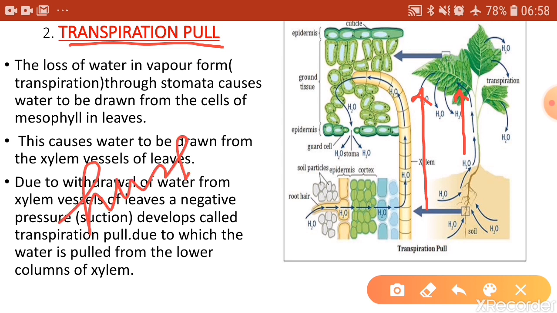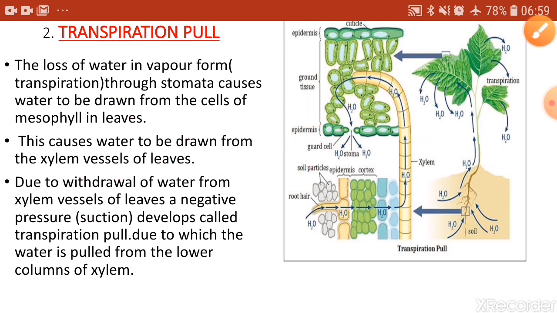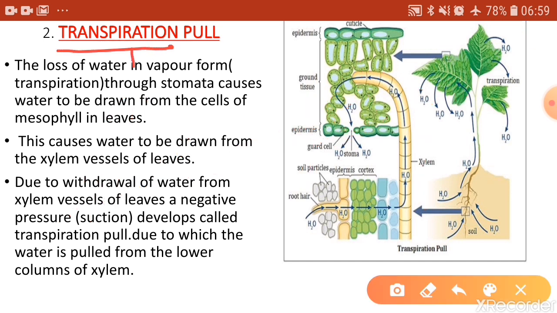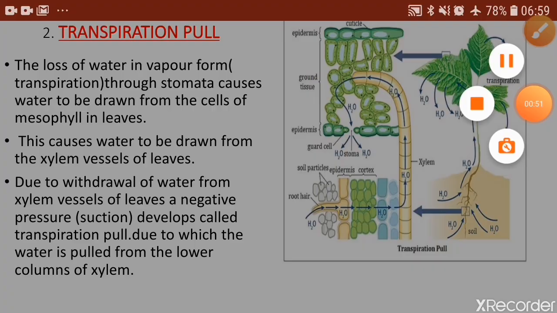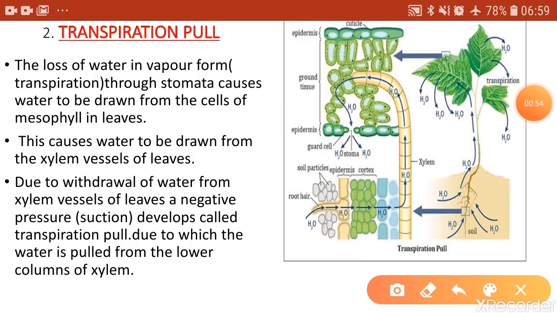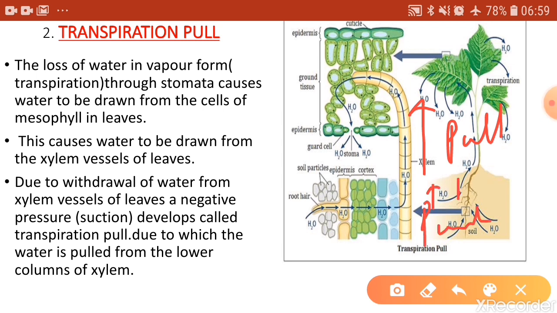The root pressure pushes the water column in the upward direction. But transpiration actually pulls the water. So water is actually pulled. The main activity that takes water is pulling of water, and the push that is given from the bottom is just a mild push.